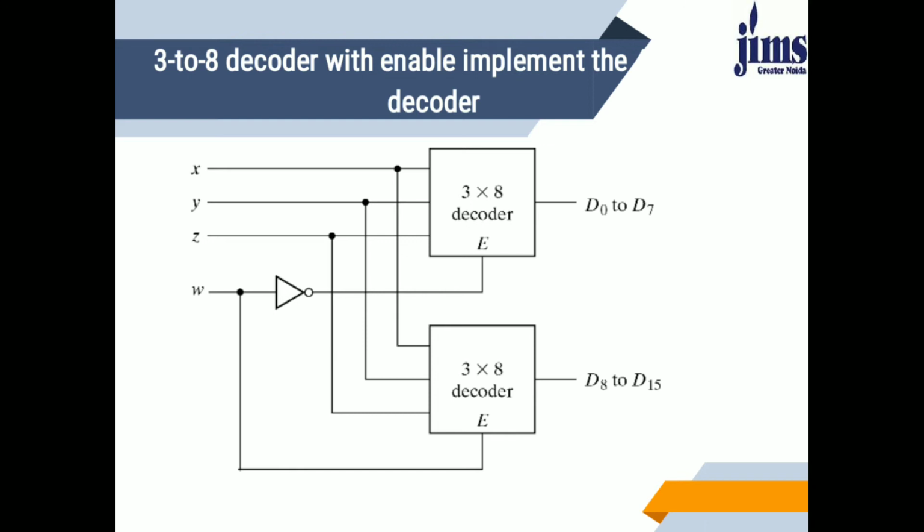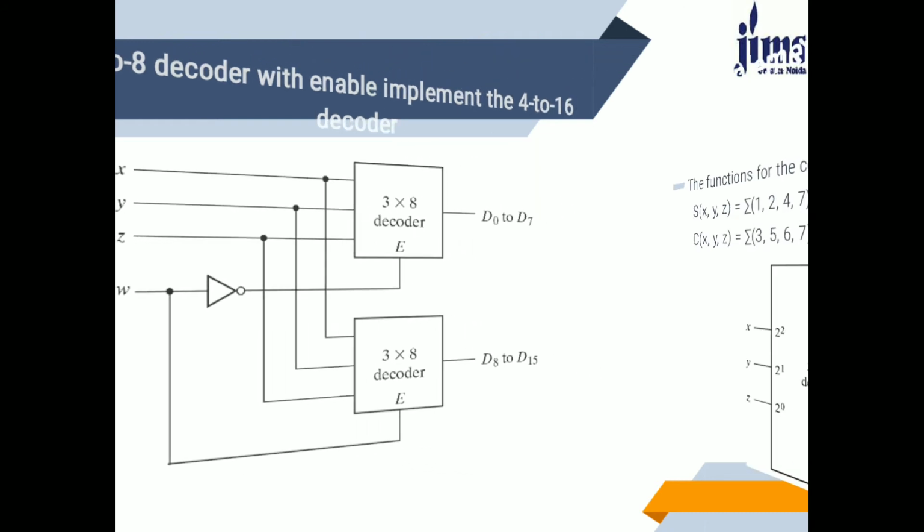It means that at a time only a single 3x8 decoder will work, either the upper one or the lower one. So like this we can choose decoder number 1 or decoder number 2. This is the implementation of a 4x16 decoder using two 3x8 decoders.